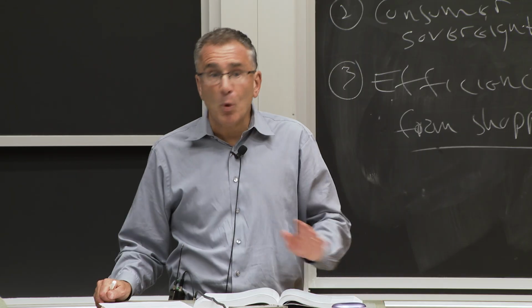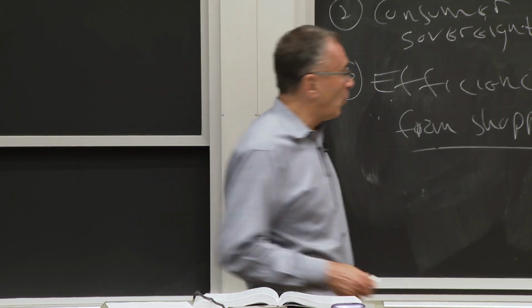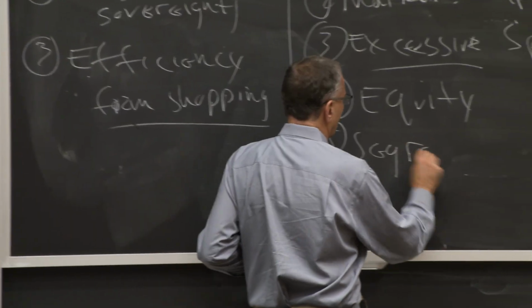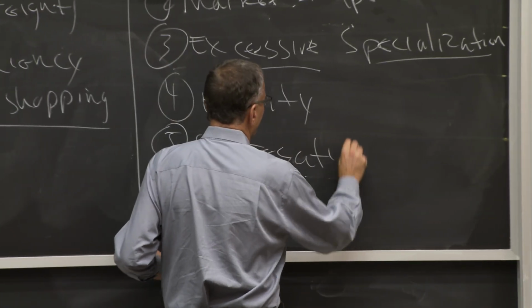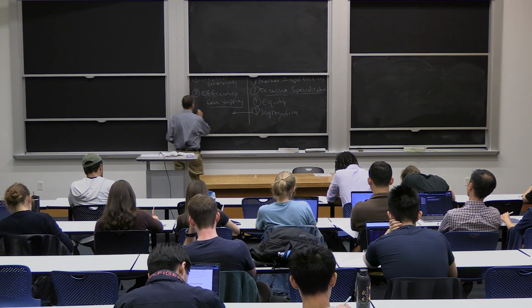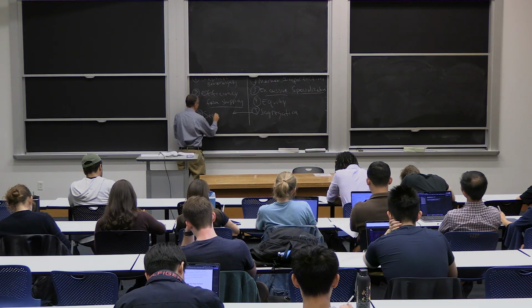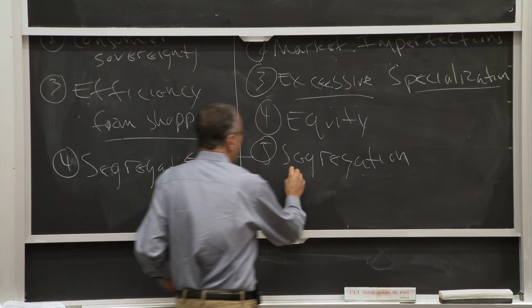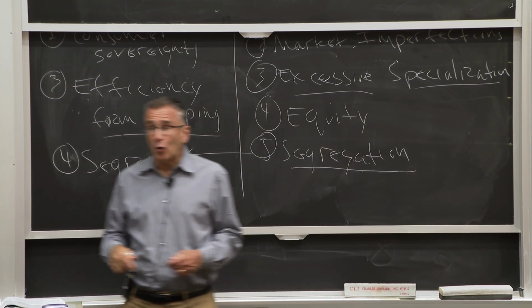Okay, one other very important problem here: what about segregation? Segregation is interesting because it's on both sides of the line. Voucher opponents say, look, what's going to happen?